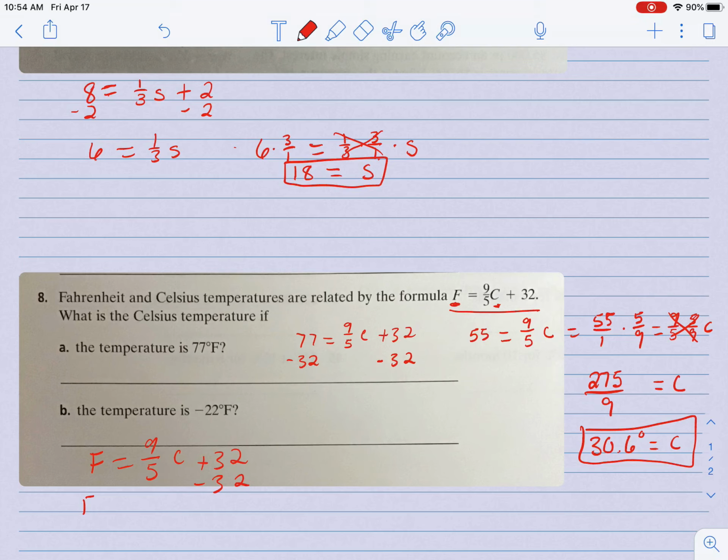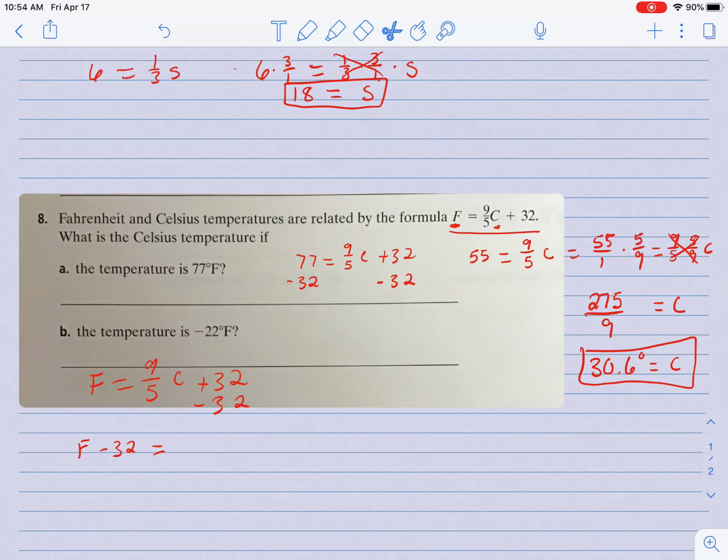So that's going to become F minus 32 is equal to 9/5 C. And then you're going to multiply both sides by the reciprocal.